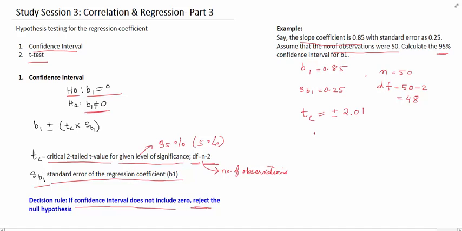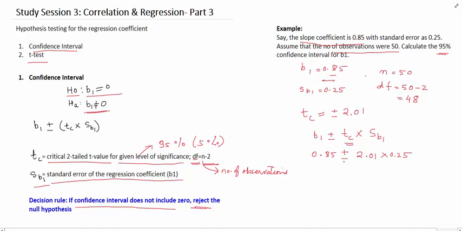Now for calculating the confidence interval, we use b1 plus minus critical value of t into the standard error of b1. So b1, as we already know, is 0.85. Just substitute it here, plus minus the critical value 2.01, and you multiply it with the standard error of b1, which is 0.25.